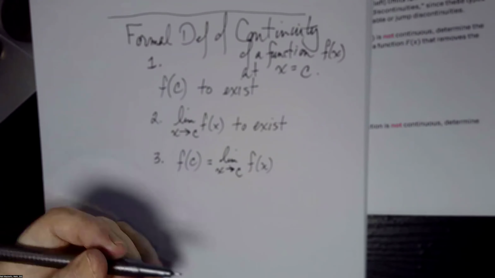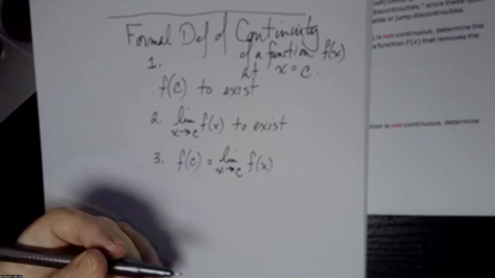So this is a definition that's similar to what we used before. Earlier we said if the limit from the left equaled the function value equaled the limit from the right, then we had continuity. What this does is break that down into three parts. First, we must have c in the domain of the function, and f of c therefore has to exist.